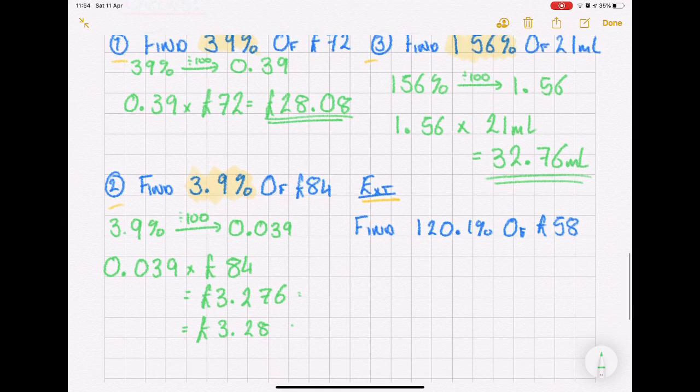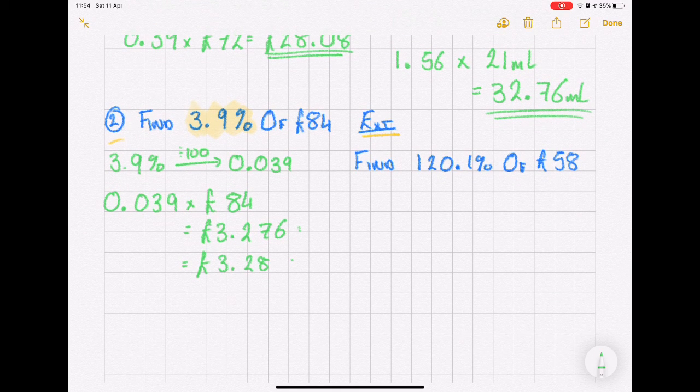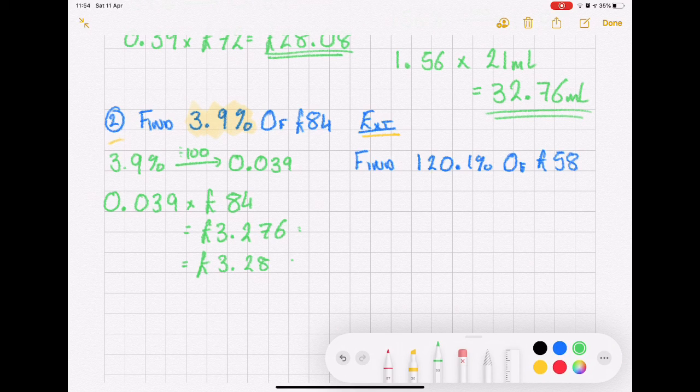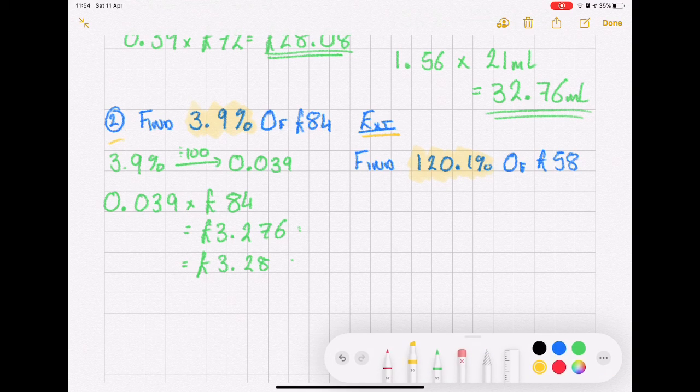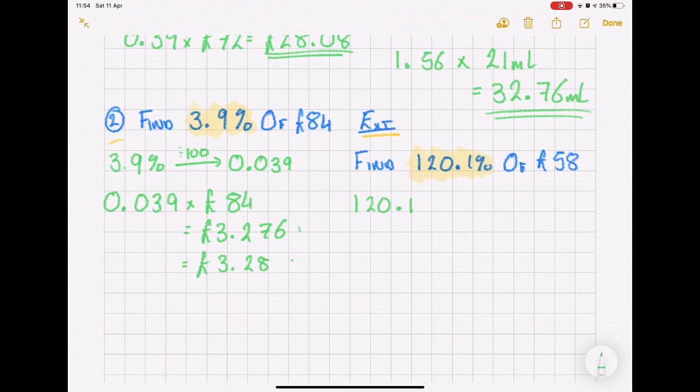And if you did get onto the extension, let's have a look at that one. So find 120.1% of £58. So let's find our multiplier. So it's 120.1 divided by 100 gives us 1.201. 1.201 times by 58 gives us 69.658.